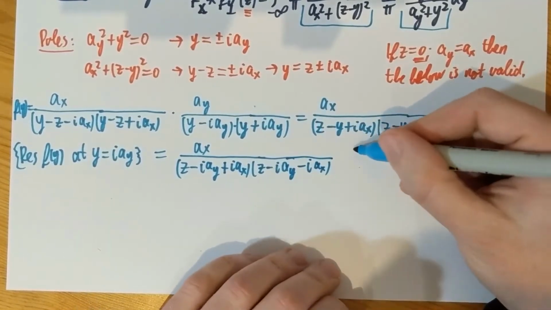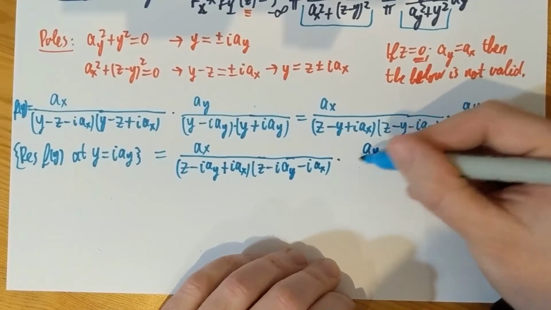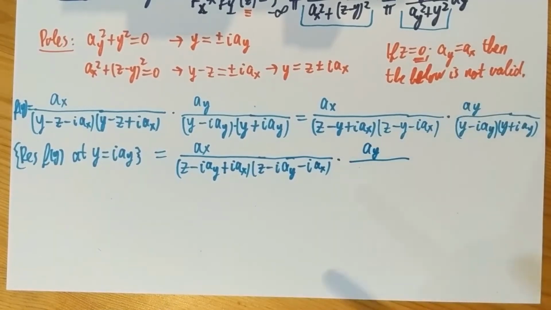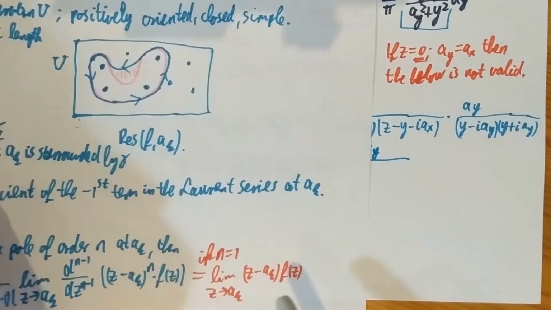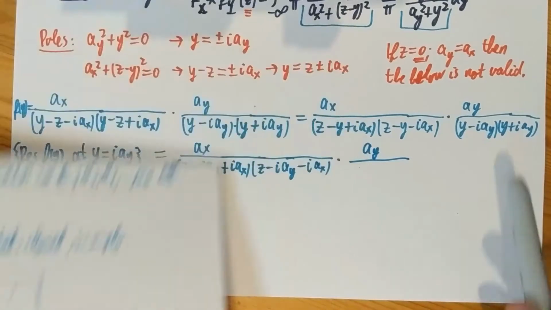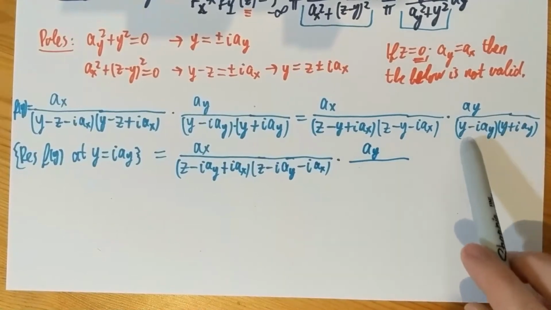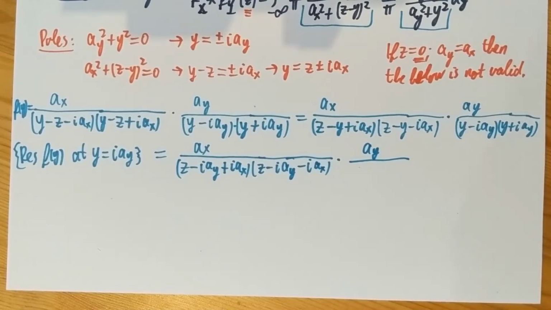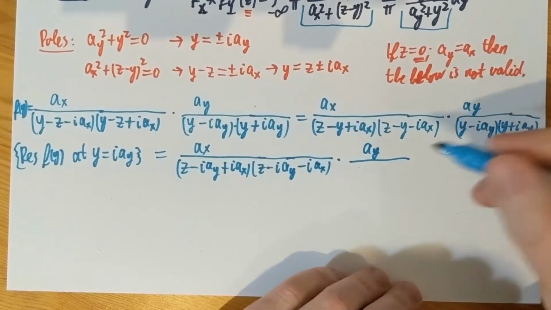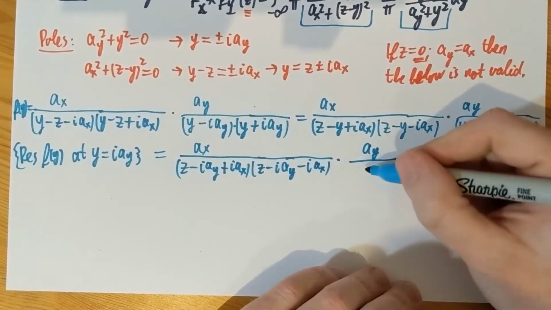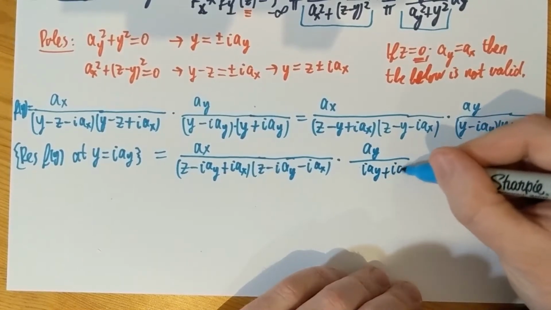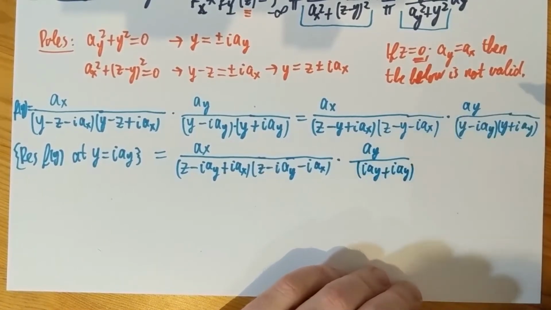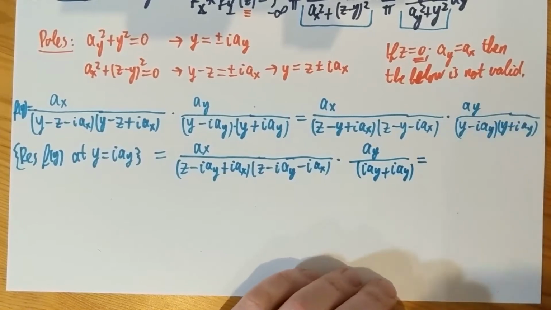Okay, then AY over, so now remember we have to multiply with y minus the position of the pole, our function, and that exactly kills off the term which we have a problem with, so I don't have that one. And I have IAY for y here, plus IAY again. So that's the only term that survives.